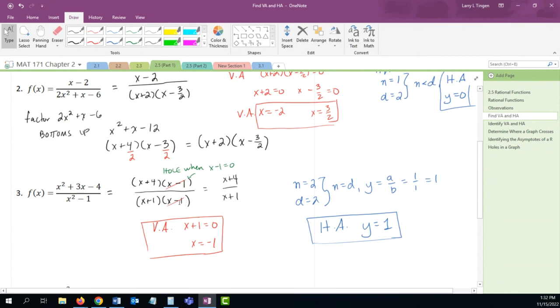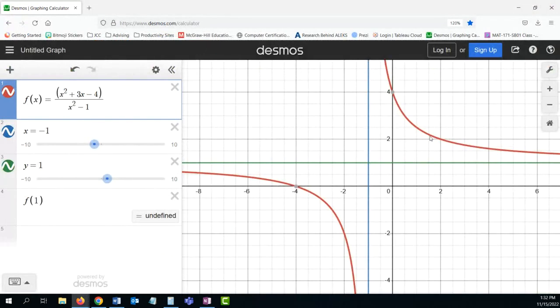What makes x minus 1 zero? Positive 1. So why do I find that hole there? Because if it's not there, when x is 1, I divide by 0, and that is not allowed. That's how it picks up 1, comma, undefined.